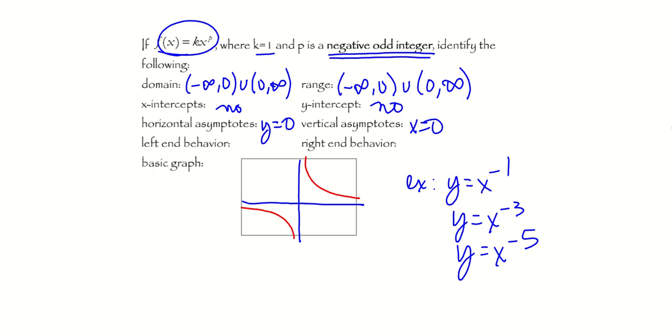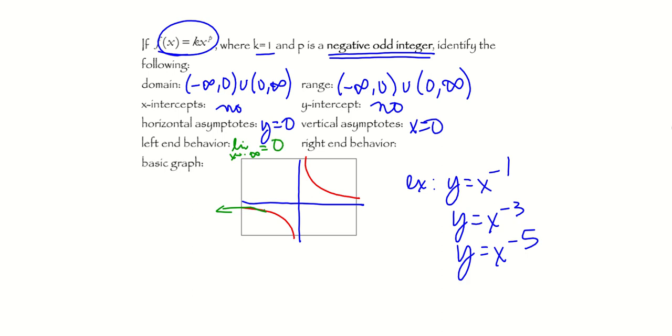Now, let's talk about the left-end behavior. The left-end behavior would require me to come on the left piece and follow it to the left. That would be my limit as x goes to negative infinity, which would be 0. So my left-end behavior is 0.